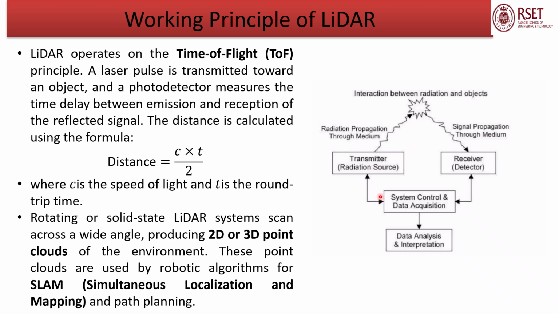Radiation propagation is received by the transmitter, and the signal propagation generated through the medium is sent to the receiver, that is a kind of detector, where it is sent to a system control and data acquisition module. This data will be sent to the transmitter and then to the main source where the object or the obstacle is generated. And also the data from the system control will be fed to the data analysis and interpretation module.